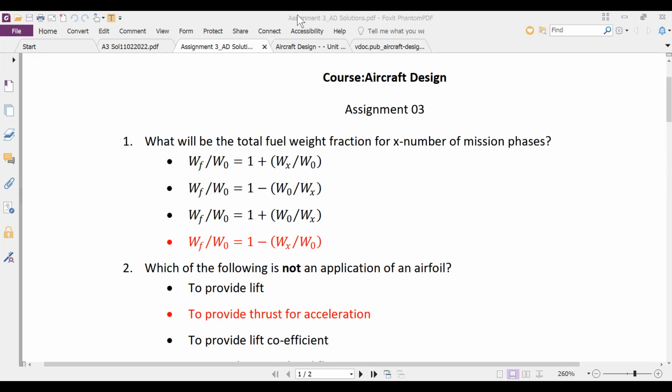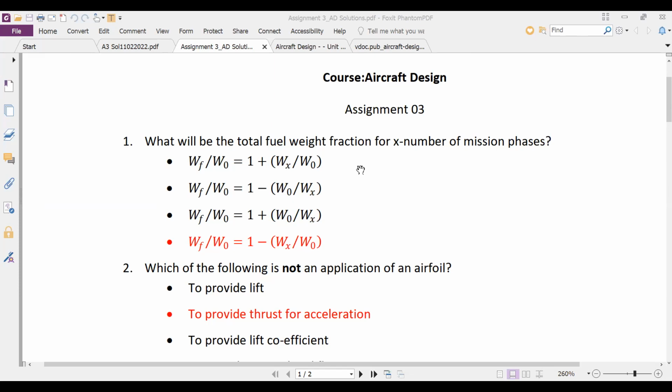So can you explain how we arrive at this expression? You see the expression WF over W naught, and what do we mean by WX? WX is the weight of the aircraft after the mission, sir. After the mission. Yes, sir.